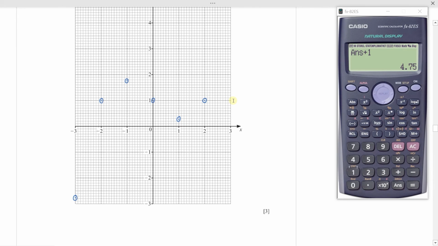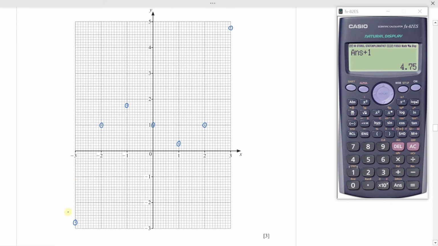So now we can join these points through a smooth curve. So let's try that.